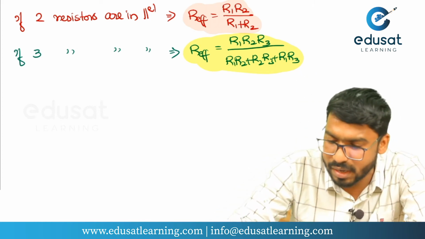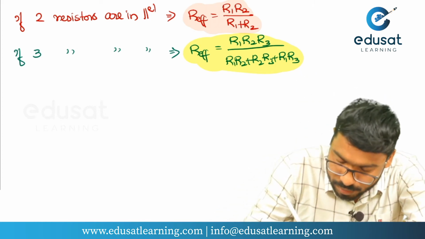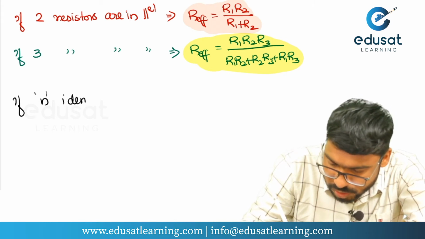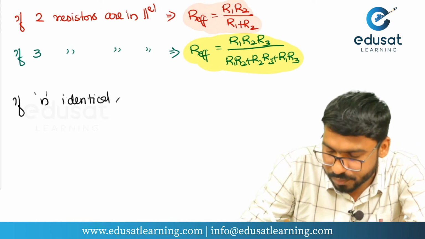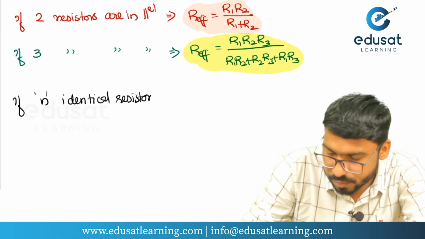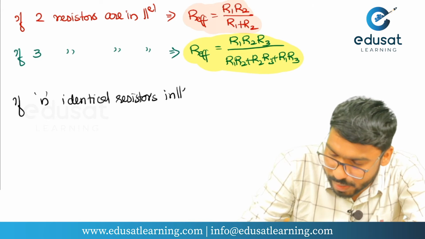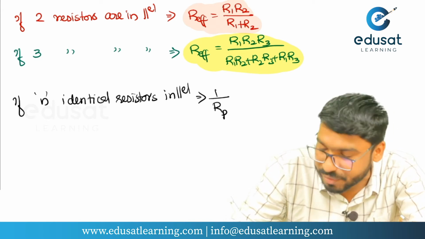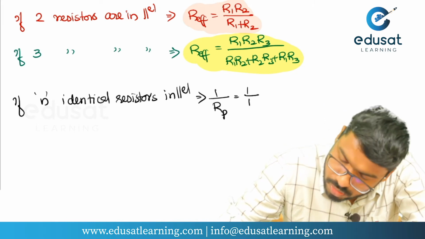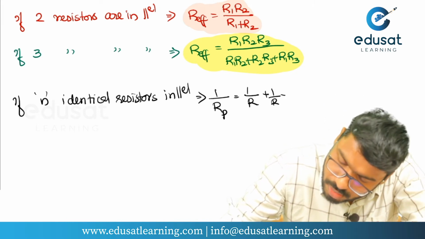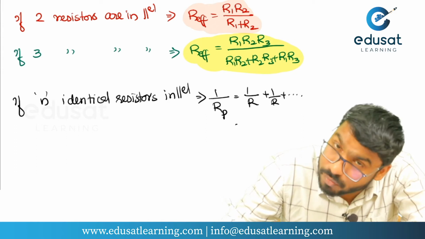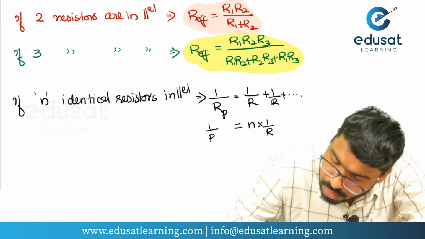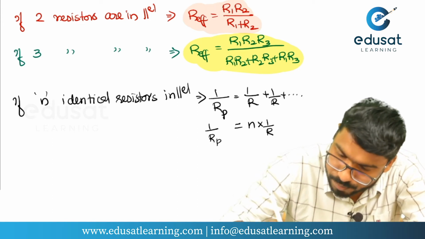If n identical resistors are connected in parallel, then 1 by Rp equals 1 by R plus 1 by R plus 1 by R and so on, n times, which is n into 1 by R. Then what will be Rp?